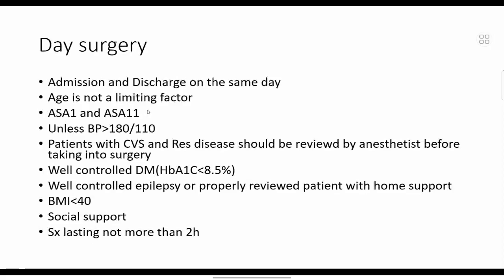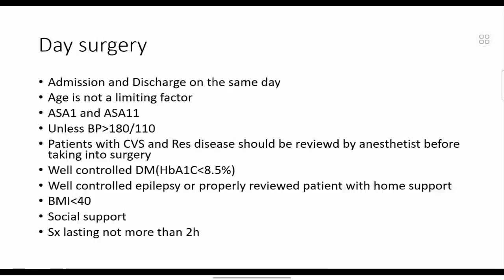I think we can move to the MCQ. Can you all see? Hello?